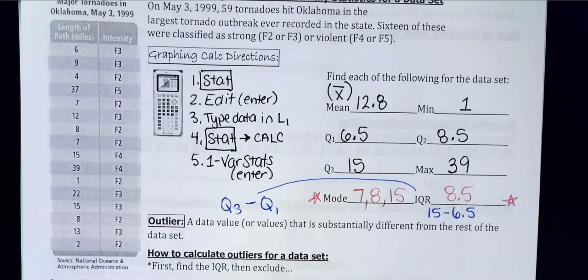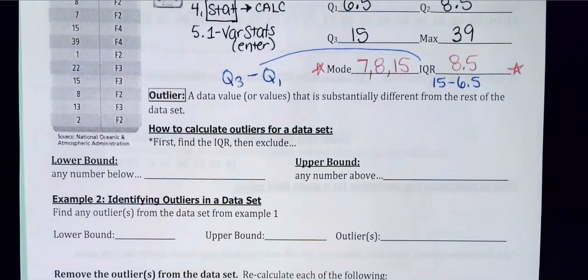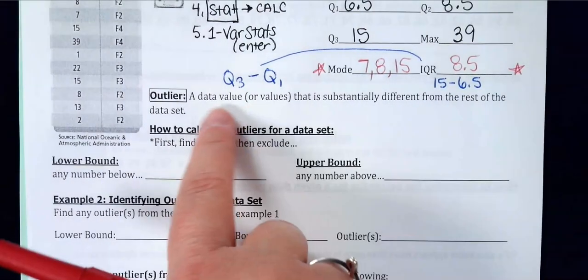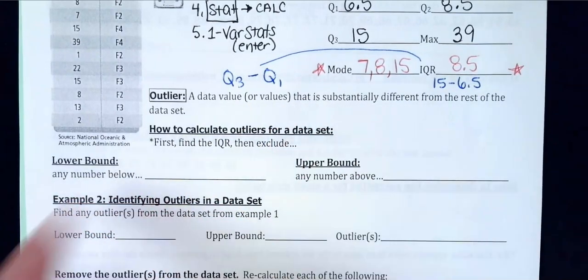Okay, now once you're there, we're going to calculate some outliers, and you might be able to look at the data and kind of figure this out just based on instinct, but there is an actual formula to calculate an outlier. So an outlier is a data value, or it could be more than one, so it says value or values, that is substantially different from the rest of the data set.